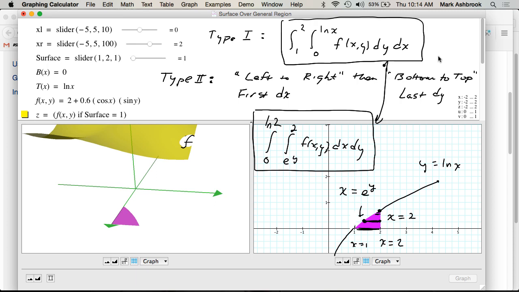There are two ways to write the exact same, geometrically, the same volume. Or, if f is a rate of change, well, you're going to get the same accumulation of your quantity. Because you're still accumulating f over the same region, you're just organizing it differently. So those will be equal.